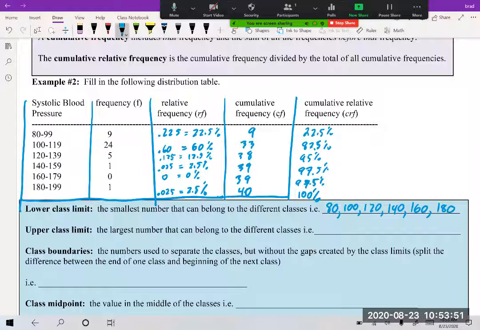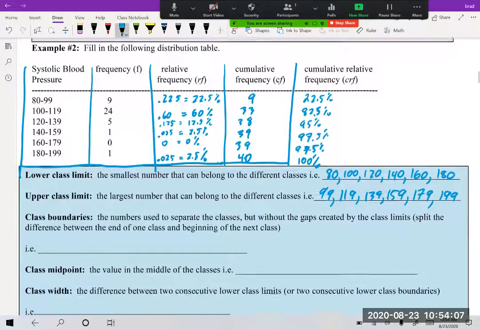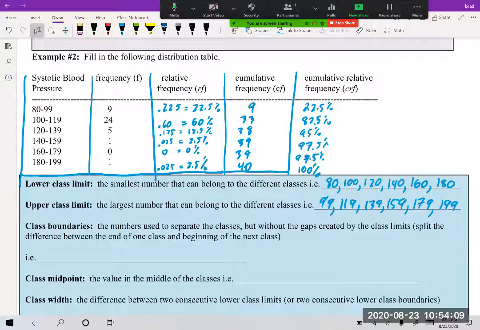Now the upper class limits of each category are 99, 119, 139, 159, 179, 199, okay?